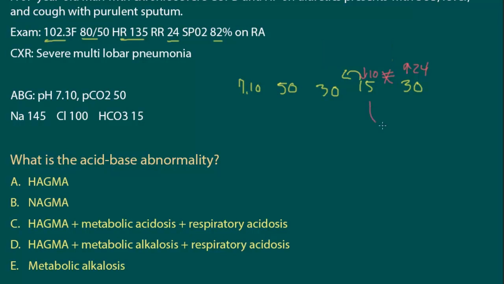That means our bicarb isn't nearly as low as we expect it to be, and that can only mean we have a metabolic alkalosis on top of that. So we have a respiratory acidosis. The PCO2 is much higher than expected PCO2. And we have a HAGMA and a metabolic alkalosis with this patient. We have a respiratory acidosis, a HAGMA, and a metabolic alkalosis.